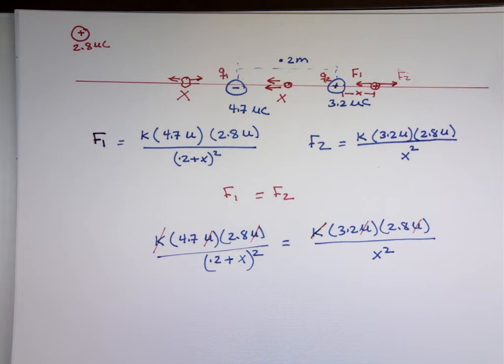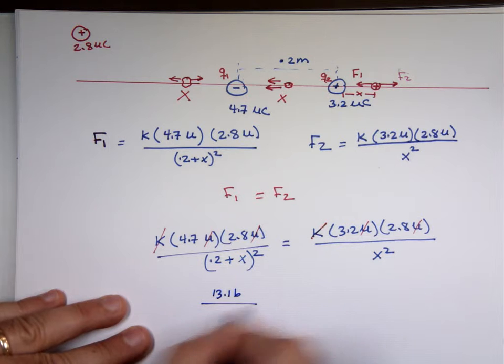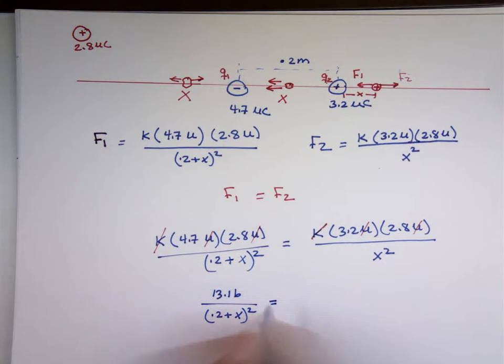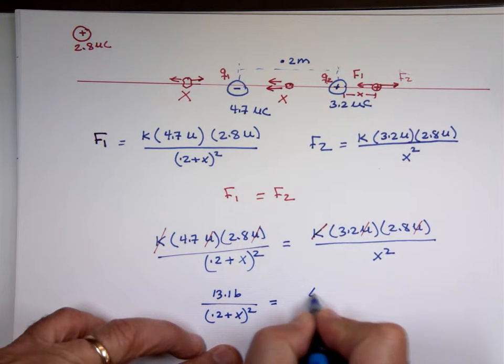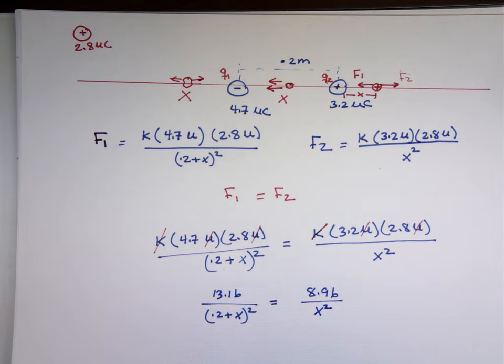So mathematically, I'm okay there. 2.8 times 4.7, 13.16. 3.2 times 2.8, 8.96. And now I need to solve it for x.